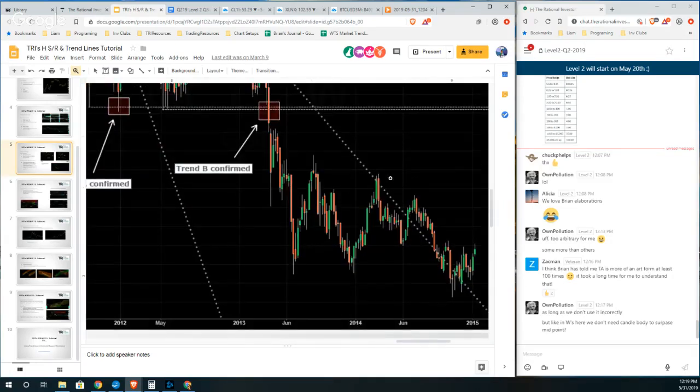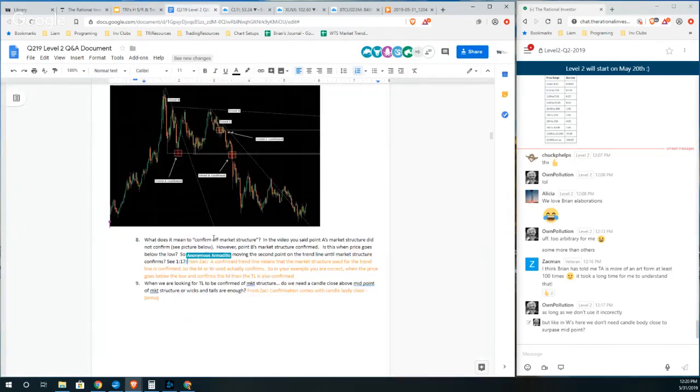And notice, the market could have broken out here, but there was no structure on the other side. Market could have broken out here, no structure on the other side. Market could have broken out here. No structure. Oh, hello. Here comes some structure. So confirming that this is broken. And now with this structure, we can actually start drawing uptrend lines. So I hope that helps.